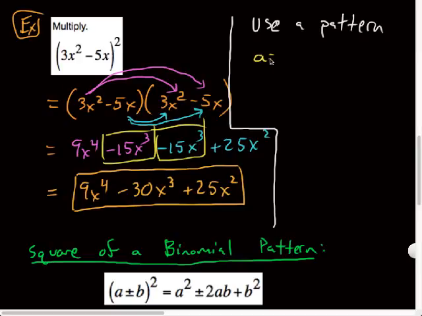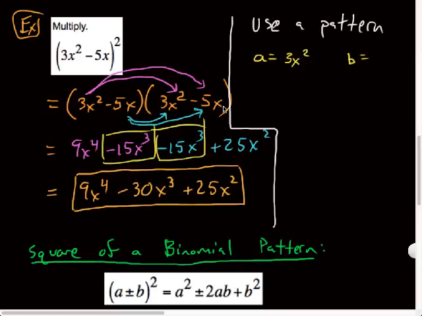So according to this, if I'm trying to match this to this, what would the a have been? X? X squared? No, the whole term in the binomial there. 3x squared would be the value of a. And what part would be the b? Minus 5x. Now that's where you actually have an option.